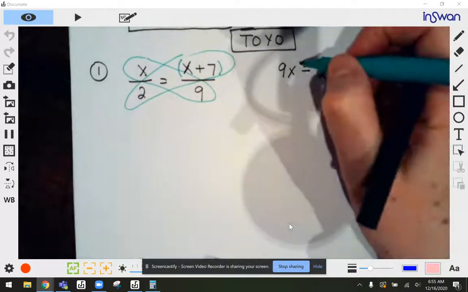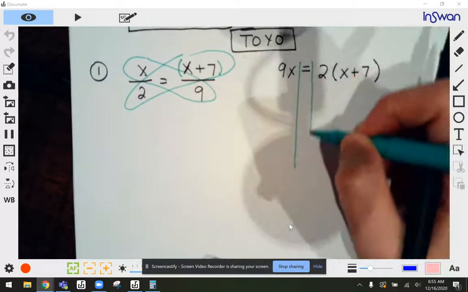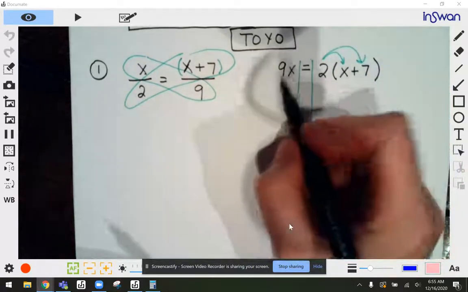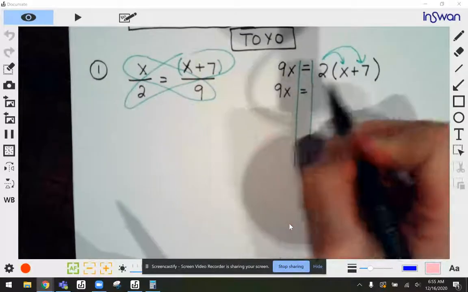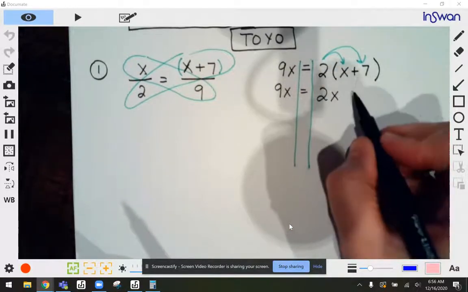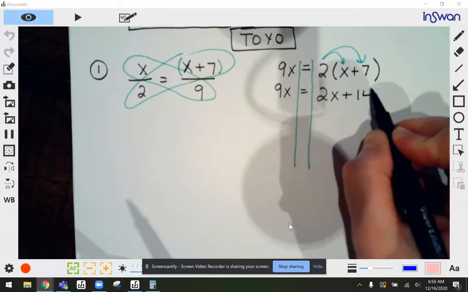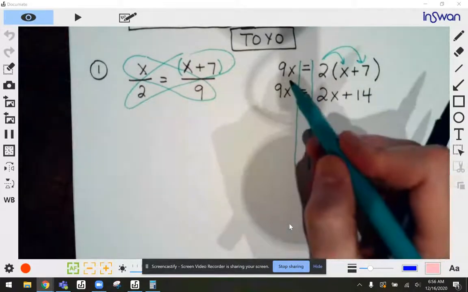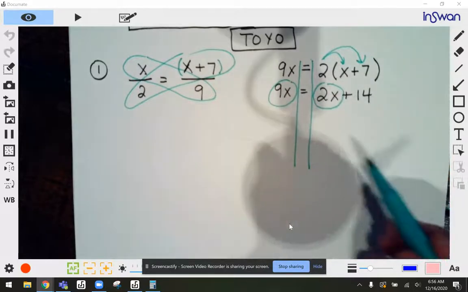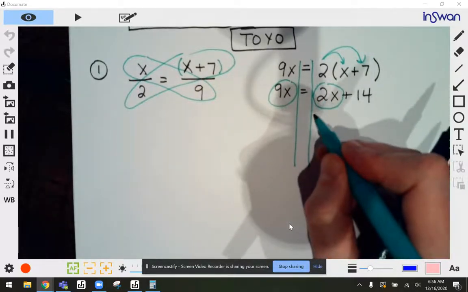Okay, first thing we need to do is distribute. So the 9x will come down. 2 times x is 2x. 2 times 7 is 14. Now notice this one's a little different. We have variables on both sides. So remember, we have to move variables to one side using inverse operations.